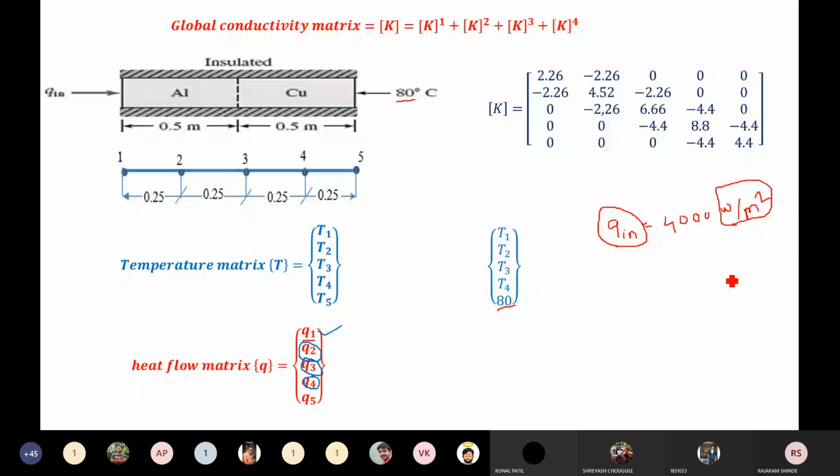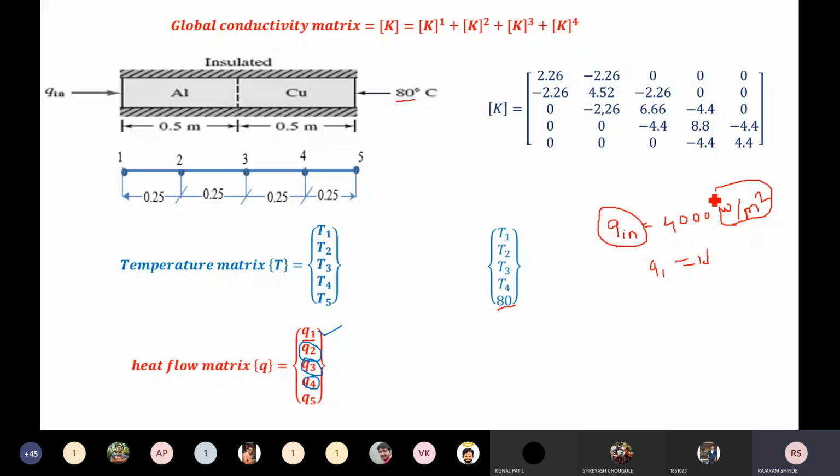Now heat flow is in watt. Q1 should be in watts. Do you agree with this? Now divide by area? Not divide by area, you have to multiply by area, because here there is an area below this 4,000.